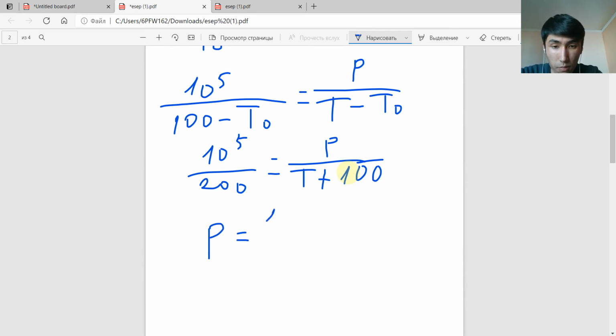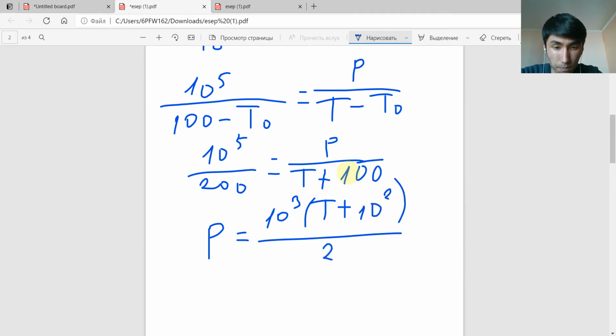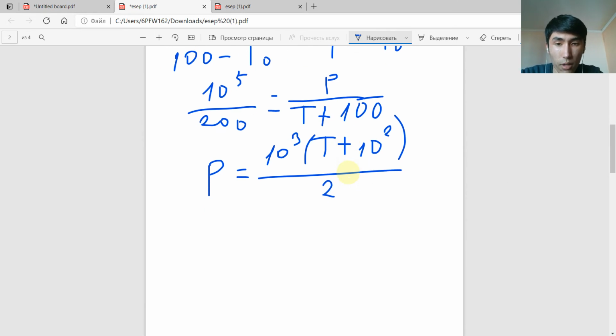Here will be 10 to the power of 3 T plus 10 to the power of 2 divided by 2. So we found P, pressure, by T. We found the equation of pressure by T, and here we can find the T, temperature, in this equation.